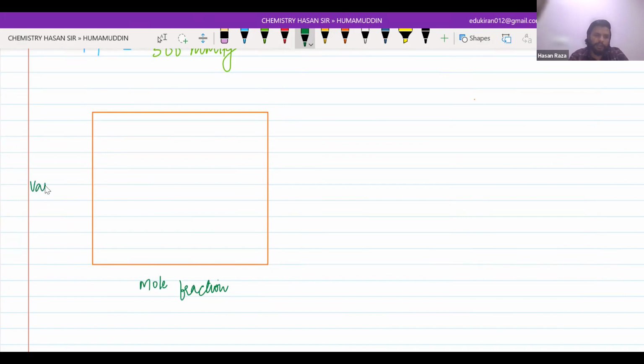And this y-axis is for vapor pressure. Now see here, the mole fraction of A is equal to 1 and the mole fraction of B is 0. If you move from left to right, the mole fraction of B increases slowly, and here the mole fraction of B becomes 1 and the mole fraction of A is 0.